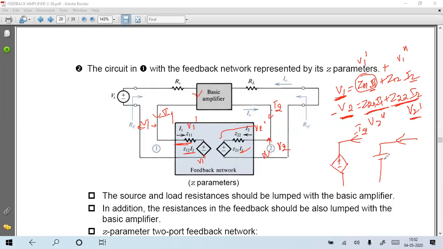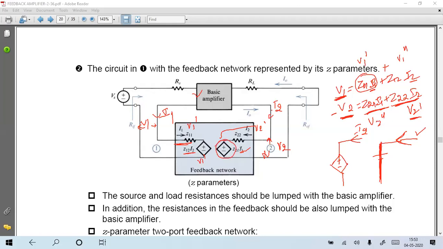I don't want it. According to the redundant technique, the voltage source can be replaced by a short because I want only the current. In the previous case, the current source was in parallel with the voltage, so we made the current source redundant because voltage is important. Here I know the current in the series path, that is I2, so the voltage can be redundant. So this Z21 can be redundant.